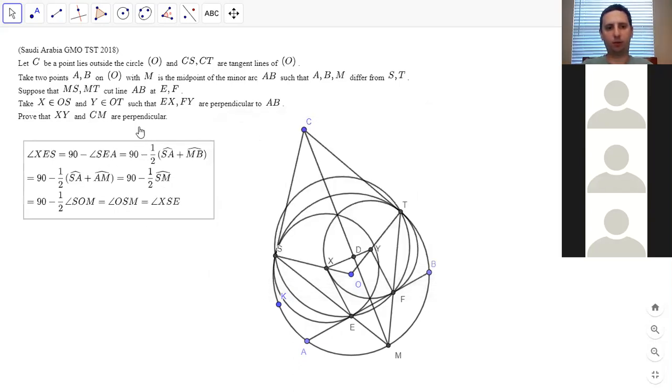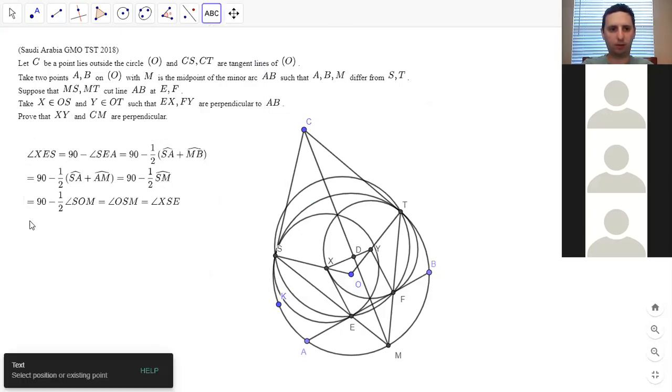I'm not sure if this is the shortest way to do it, but it still works. So XS is equal to XE, and similarly, YT is equal to YF.